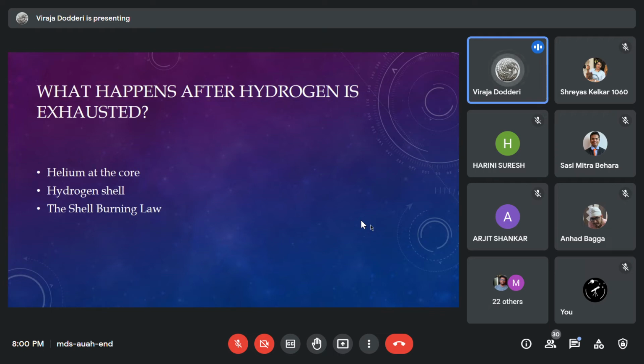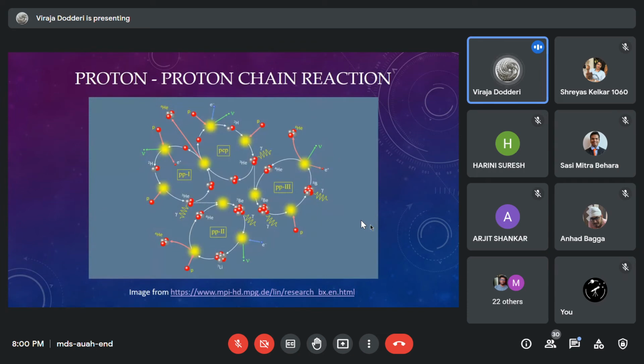Then we can go specifically to a moderate mass. Basically, the proton chain reaction is the conversion of hydrogen to helium. A proton hits hydrogen and it forms deuterium, and with the help of another proton, it forms tritium, and then finally the conversion to helium is completed, with a release of two positrons and neutrinos.